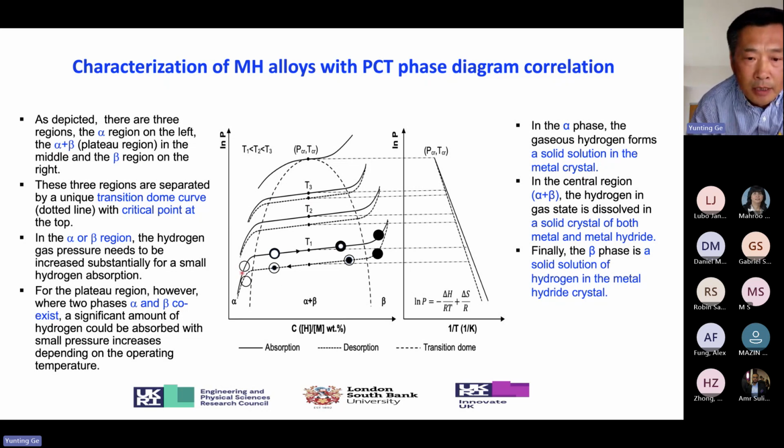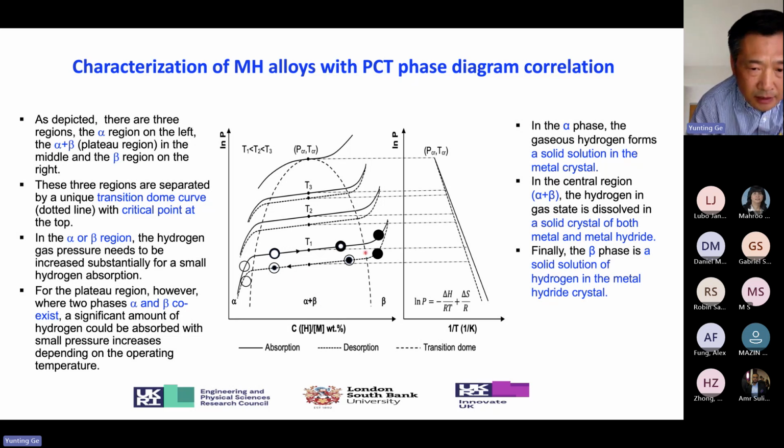In the central alpha plus beta region, the hydrogen is dissolved in the solid crystal of both the metal and the metal hydride. The beta phase is a solid solution of hydrogen in the metal hydride crystal. Normally, for any metal hydride energy system, the metal hydride operates in the alpha plus beta region.